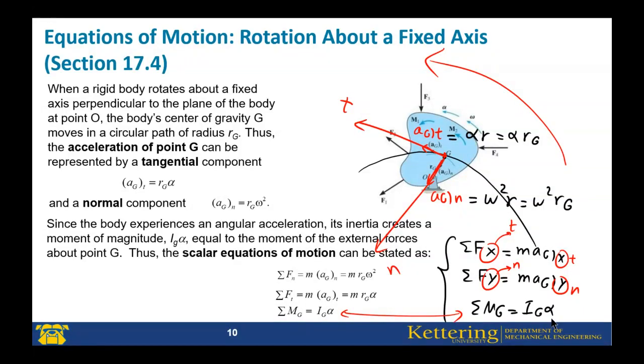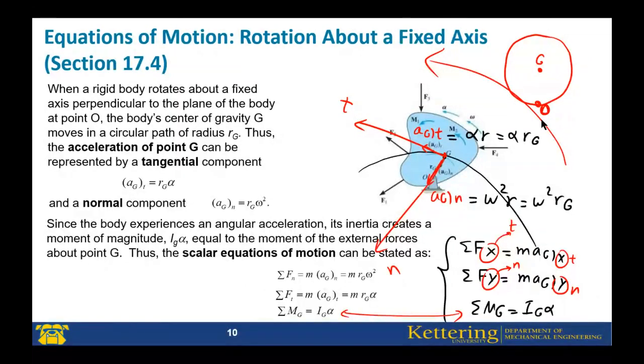For example, there's a tire. This is the center of mass for the tire. Now I do not want to find the moments about the G. I want to find, for example, the moment about A or O, the point that is contacting the surface.